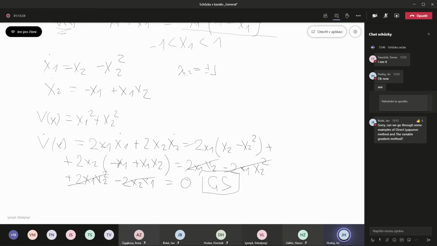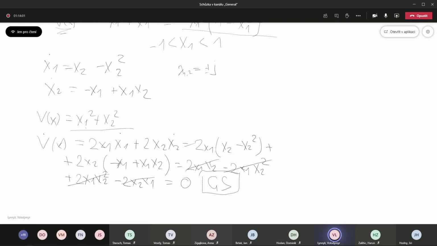But is it possible to find some other polynomial which will give a negative definite function? No, because in this example, which is a very good example, we found this polynomial, and when we calculate the derivative, we found that it's equal to 0, and we know it's stable.